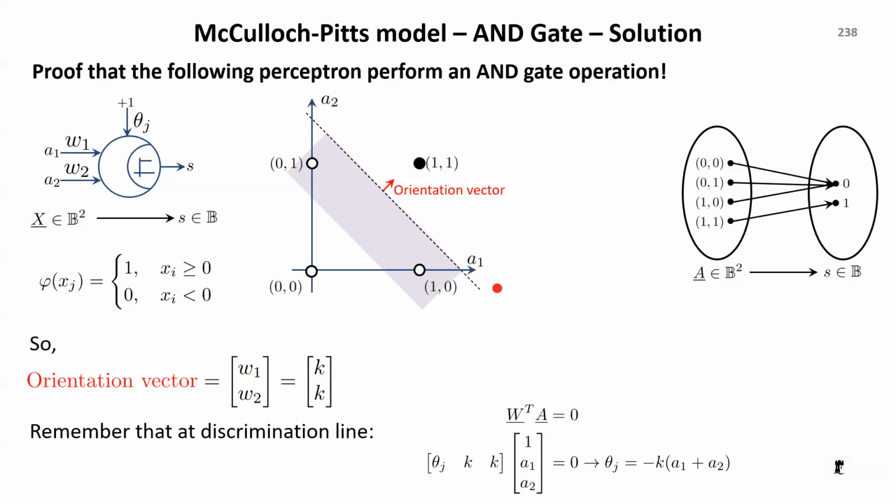And then if you remember, I can draw this discrimination line. Remember that the orientation vector is perpendicular to it, so it is the weight that we want, and the input bias is always 1. I just use this discrimination line. At the discrimination line, it must be 0, so I can have this as a bias.